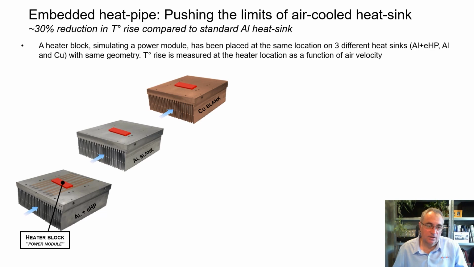And on the left hand side bottom you have the same aluminum blank design but with embedded heat pipe. On top of those heat sinks we place a power module, and we just observe the temperature rise just underneath the module. And here are the results.